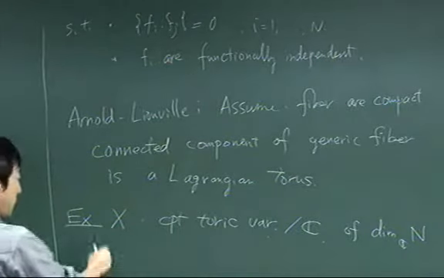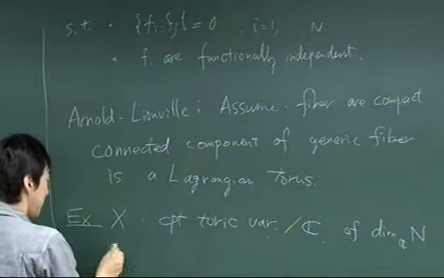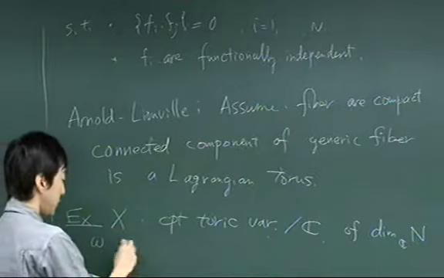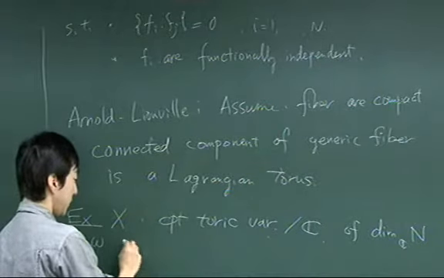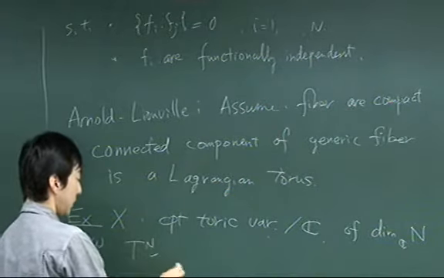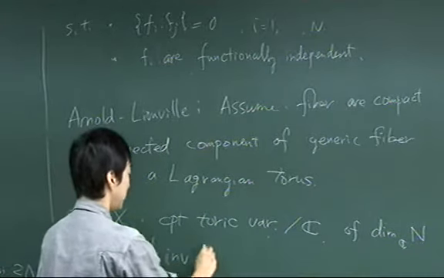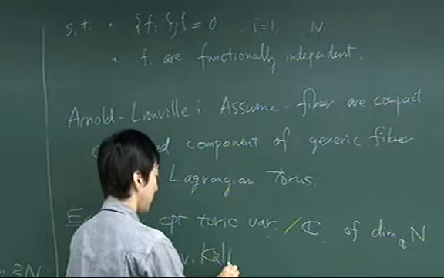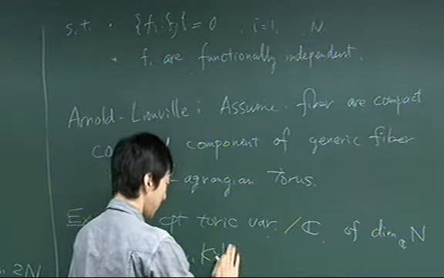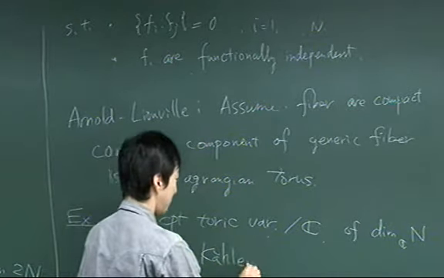And we assume that X is equipped with a symplectic form, which is a Kähler form invariant under the torus action.